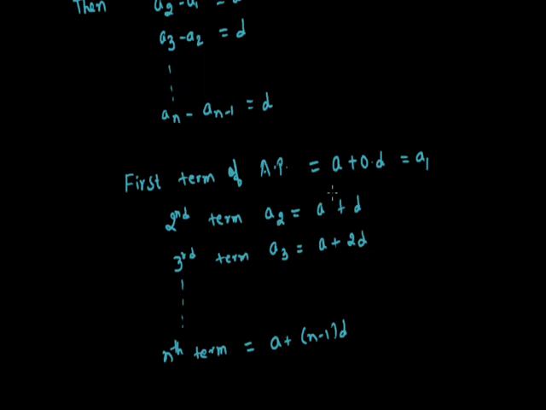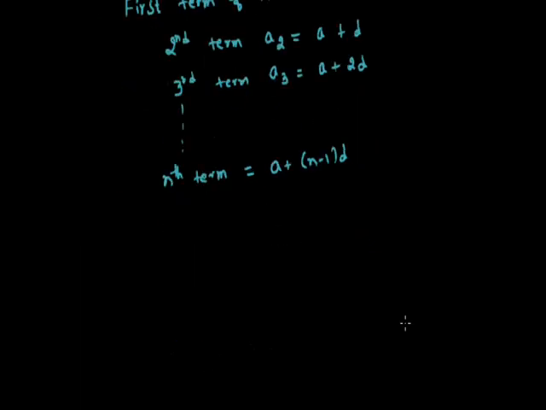Because the first term of an AP is a plus 0d, the multiple of d is 0 in the first term. When we come to the second term, A2, this will be a plus 1d. Similarly in A3, a plus 2d. So for the nth term, it will be one less. So this will be a plus (n minus 1) into d.